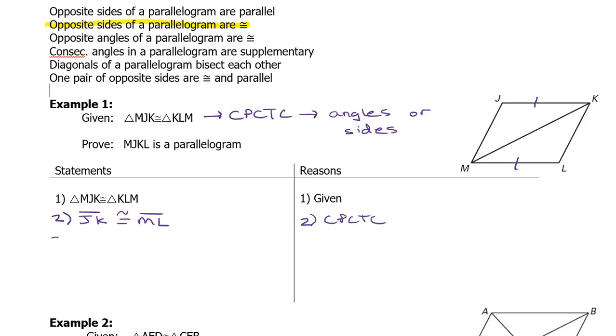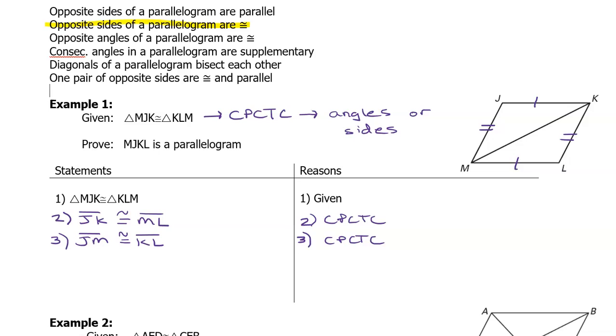So now, using CPCTC, what's another step that I can say for step 3? So if I already know that JK is congruent to ML, what else could I say using CPCTC? So you could say that JM is congruent to KL for the same reason, CPCTC.